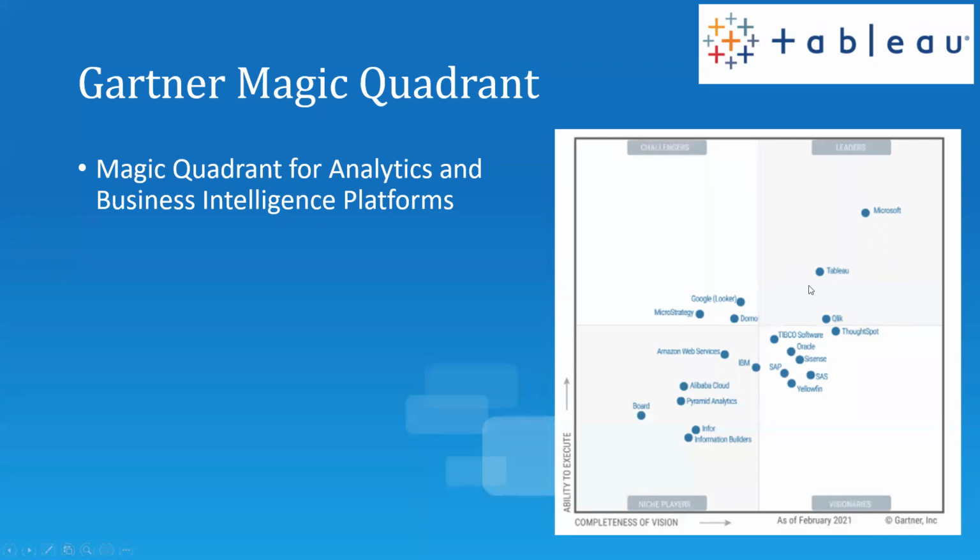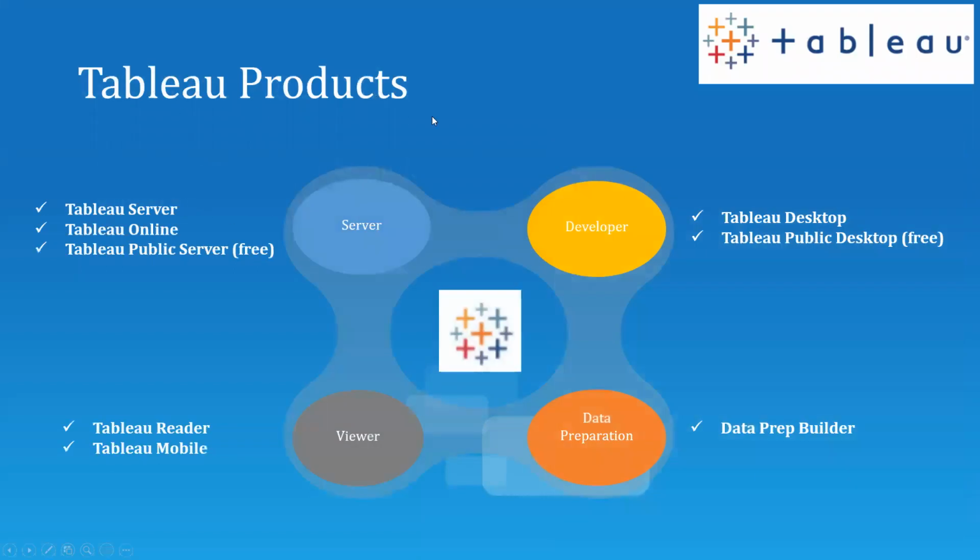So here you can see the analytics products. When it comes to the Tableau products, we can categorize them into four categories: server, developer, viewer, and data preparation. When we consider server, there are three products: Tableau Server, Tableau Online, and Tableau Public Server, which is a free version. For developer, we have Tableau Desktop and Tableau Public Desktop.